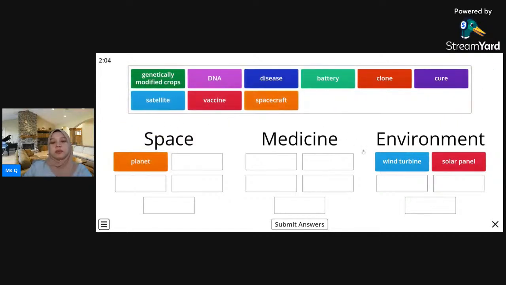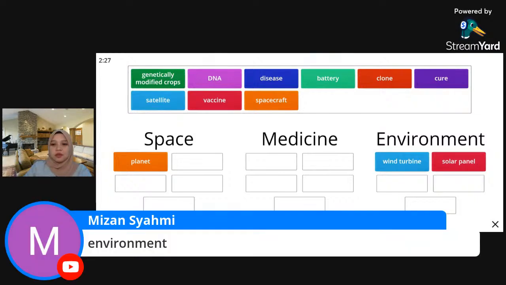How about genetically modified crops? I know that perhaps some of you did not know the meaning of that yet, but can you guess which category it should go to? Is it space, medicine, or environment? Okay, Mizan said environment.